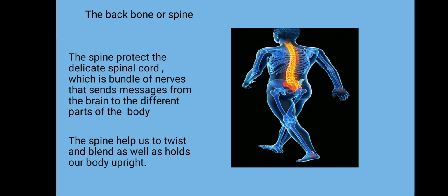Alright, so you have a bundle of nerves inside the spinal cord that sends messages from the brain to the different parts of the body. The spine helps us twist and bend as well as hold our body upright.